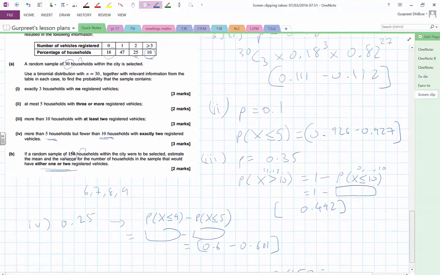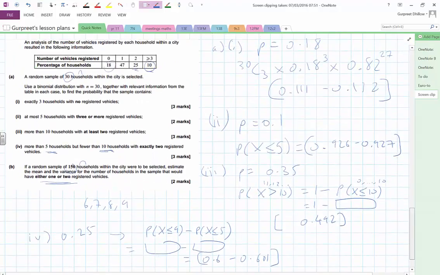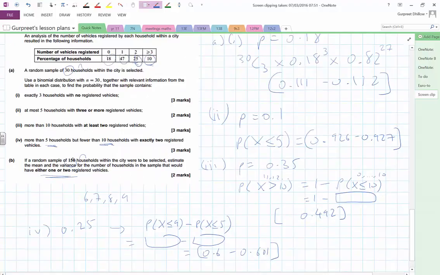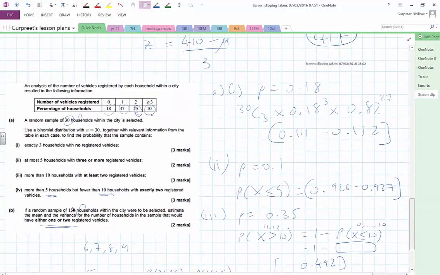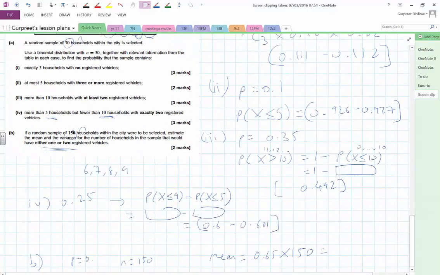Oh, sorry, not 0.65. I should be adding 47 and 25. So P's 47 add 25 because I looked at the note by mistake. So sorry, P's 0.72. So if we do that instead, we should have the correct answer, which is 108.